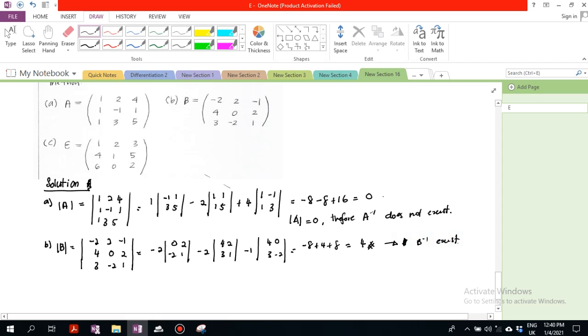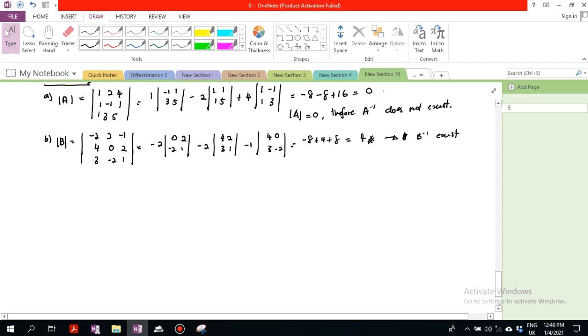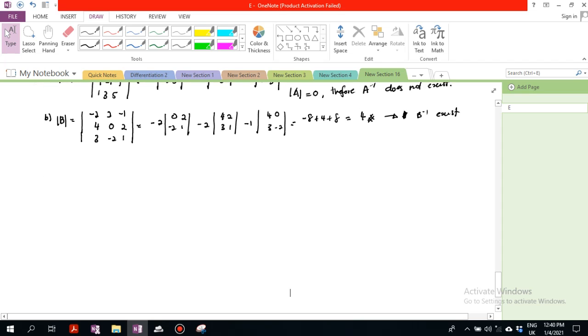So now how to do it? Based on the formula, what you need to do is calculate the cofactor of B. Okay, what is the cofactor of B? Taking the first one, it will be positive, then the matrix remaining is 0 2 negative 2 1.